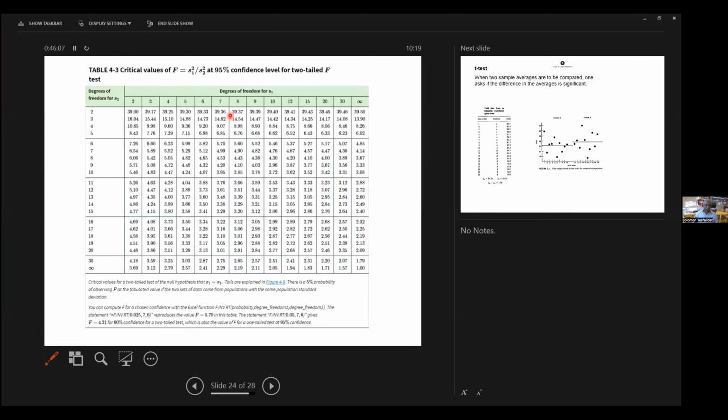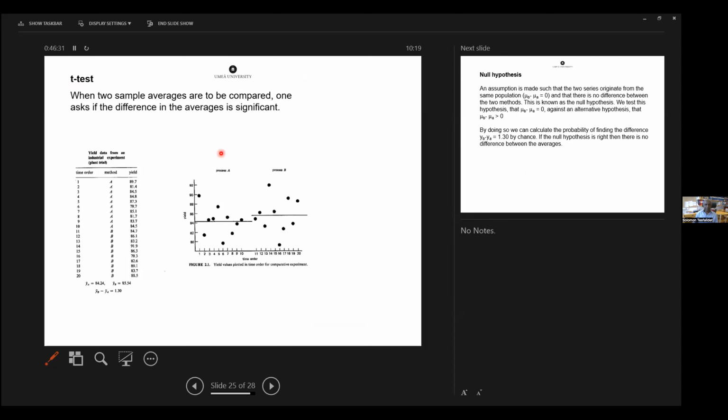If you have, for example, 7 measurements there and 7 measurements there, then you have 7 degrees of freedom in each, and the value will be 4.99. So you compare this value with the value which you have calculated. If the calculated value is higher than this one, there is a difference. If it is lower, then there is no difference.